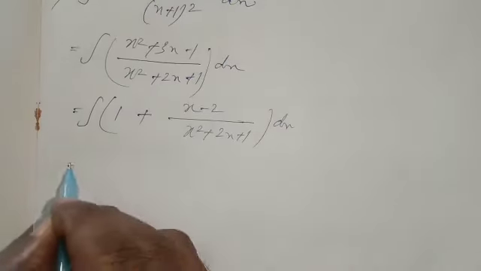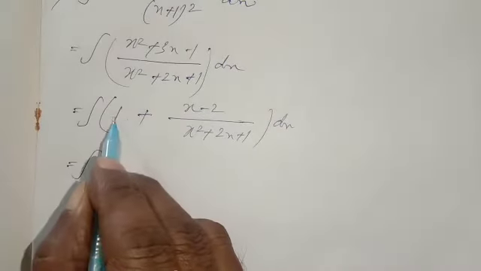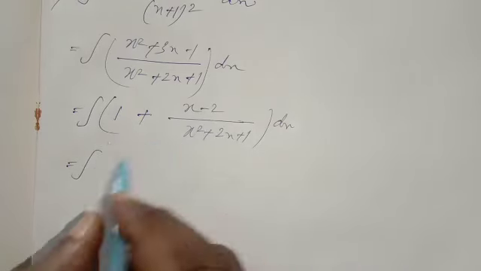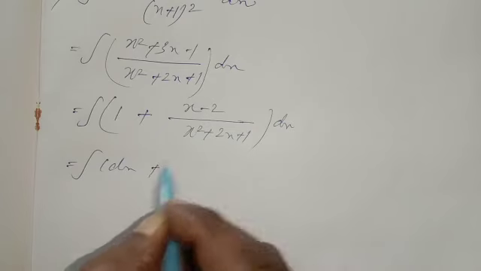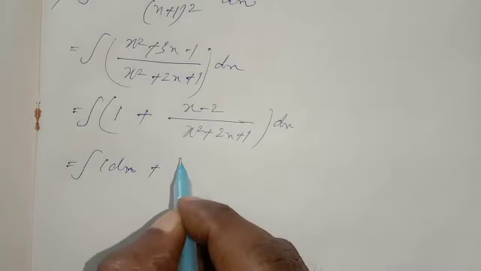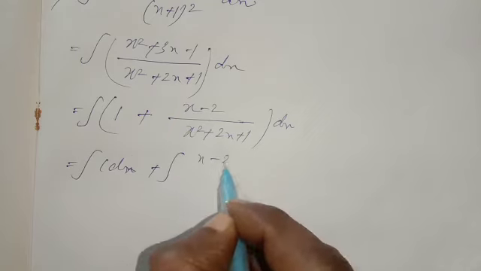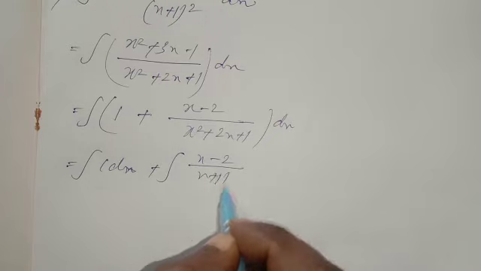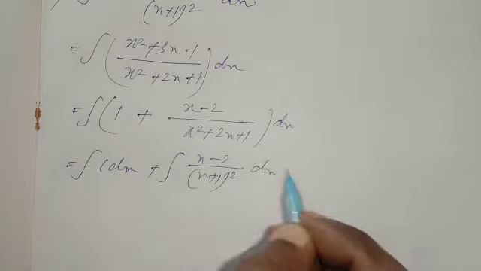Again you have to adjust. The quotient will be 1 and the remainder will be x minus 2. After the normal division, the integration of 1 dx, and again x minus 2 by (x plus 1) whole square dx.